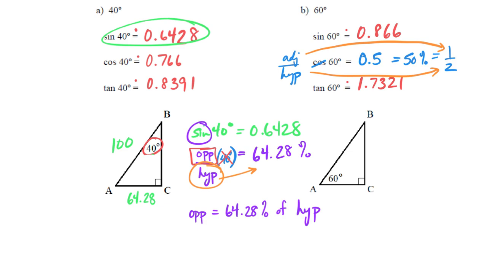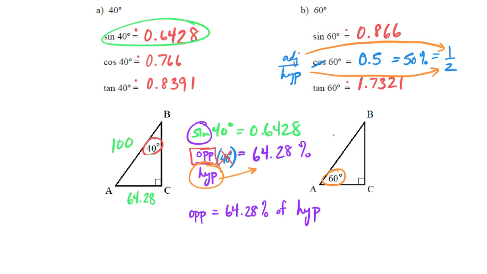So I already know, as soon as I look at that triangle and I locate my 60-degree angle, this side, my adjacent side to it, has to be half the length of the hypotenuse. So if I just pick some numbers, I don't want them to be overly round, but I don't want them to be cumbersome to work with.